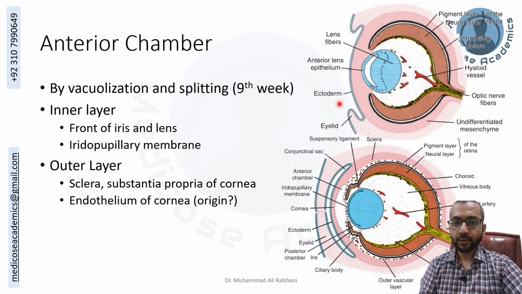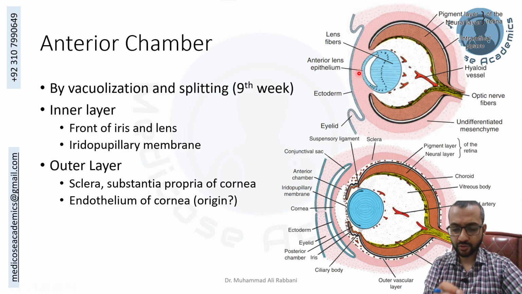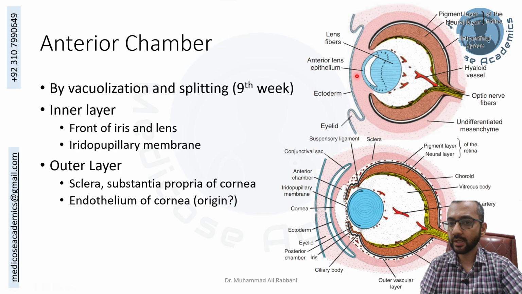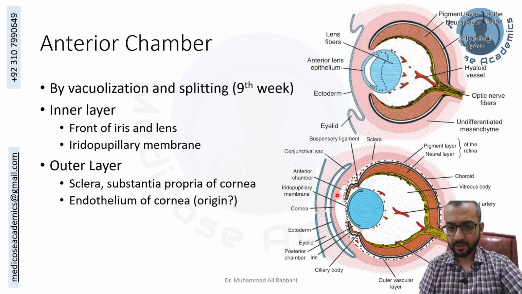As it is surrounding it, this condensation of mesenchyme in front of the lens and behind the surface ectoderm starts to split by generating small vacuoles. As the small vacuoles generate, they coalesce with one another to form a large chamber. This is called the anterior chamber.